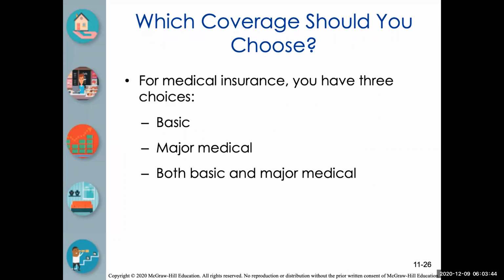So the question is, which do you choose? And you've got three choices basically. You've got the basic healthcare plan. You've got the major medical that we talked about. And then you could elect to have both if you wanted the maximum amount of coverage possible.